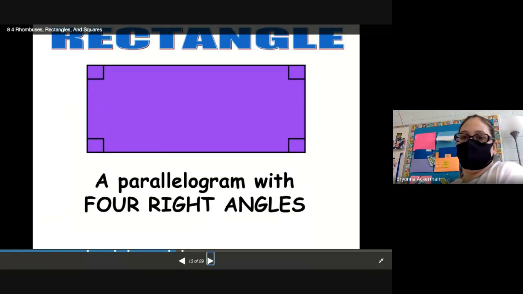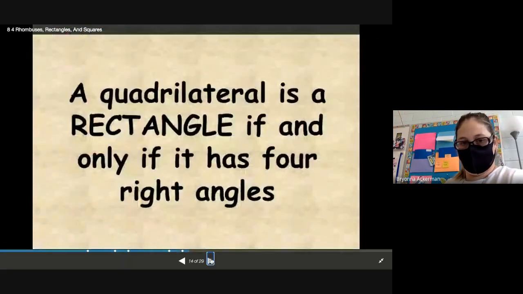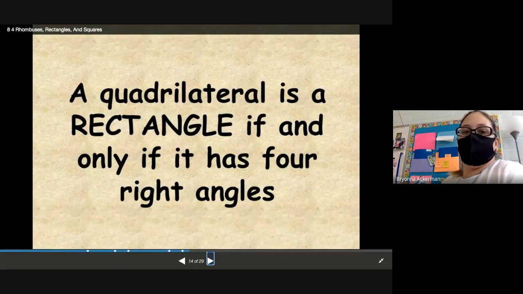So instead of maybe a slanted quadrilateral, it's now nice and straight with 90 degrees. So in order for a quadrilateral to be a rectangle, it can only do that if and only if it has 4 right angles. That's the definition of how it becomes a rectangle versus just a parallelogram, or versus just a quadrilateral.